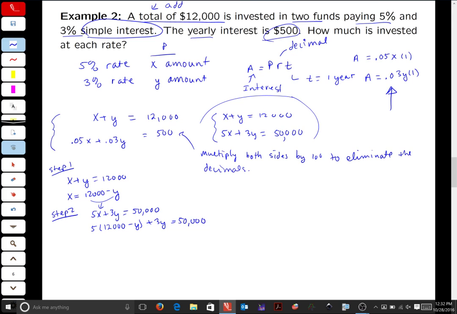Multiply by 5, right? What's 5 times 12? 60. So we get 60,000 minus 5y plus 3y equals 50,000. What is minus 5y plus 3y? Negative 2y.